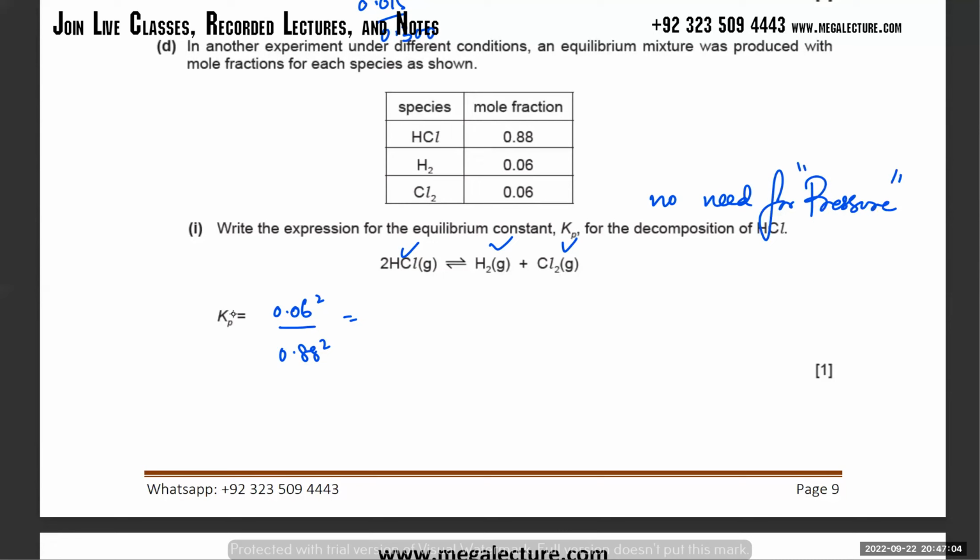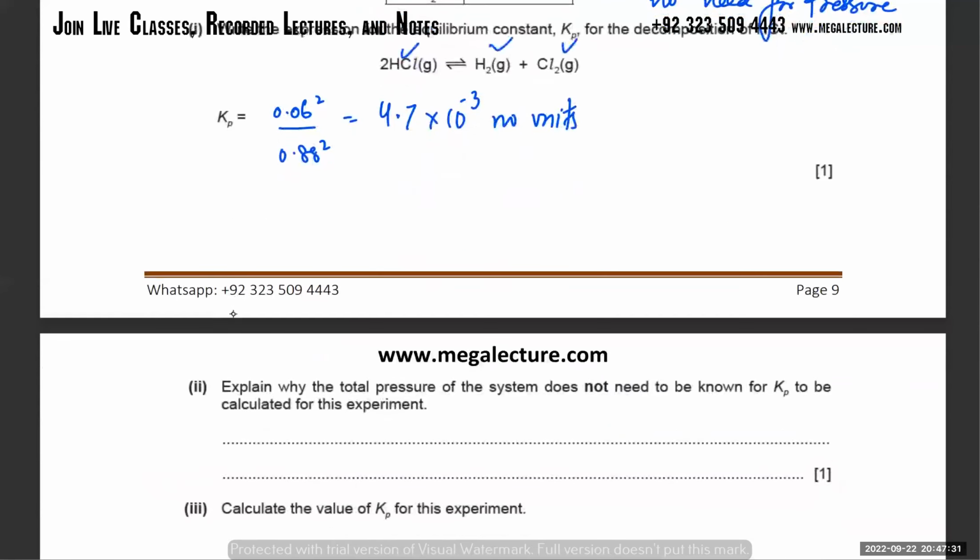What's the answer? 4.65 times 10 power negative 3. And no units. Right, so that's your value of Kp.